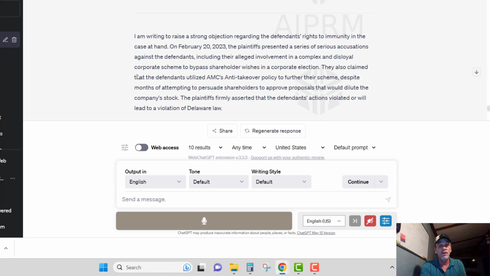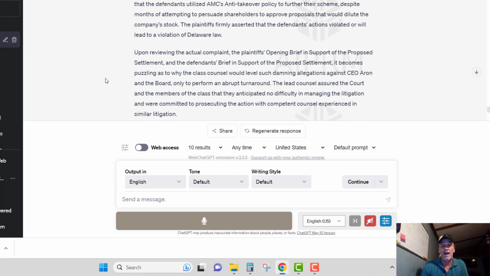They also claimed that the defendant utilized AMC's anti-takeover policy to further their scheme, despite months of attempting to persuade shareholders to approve proposals that would dilute the company's stock. The plaintiff firmly asserted that the defendant's actions violated or will violate Delaware law. Upon reviewing the actual complaint, the plaintiff's opening brief in support of the proposed settlement and the defendant's brief in support of the proposed settlement, that's telling the court you've read them and you're familiar with this case.